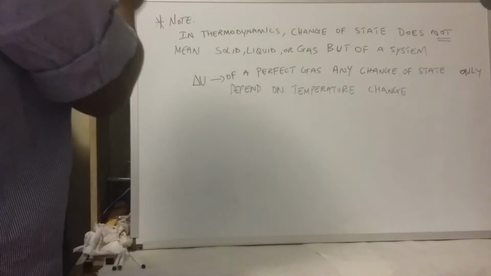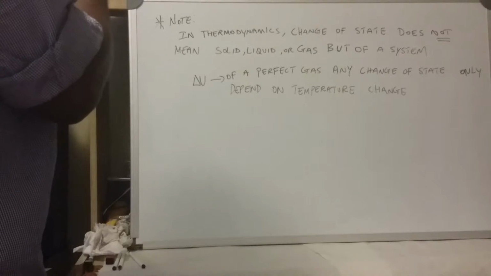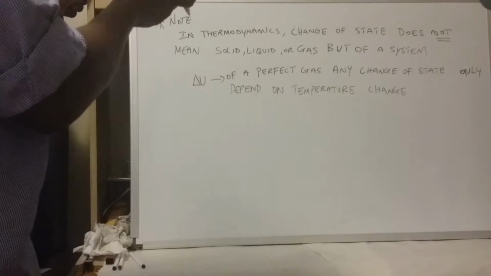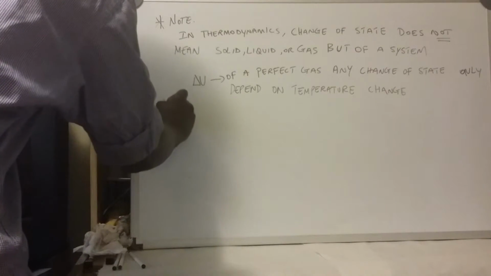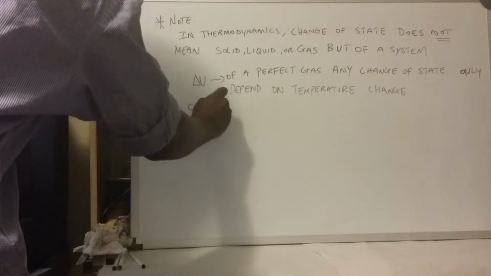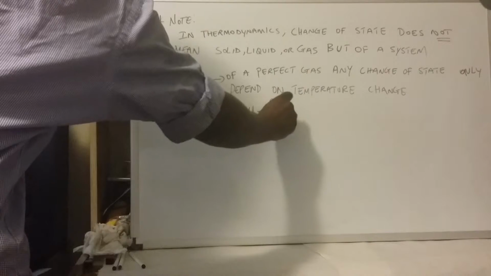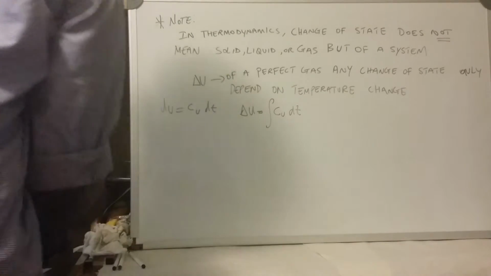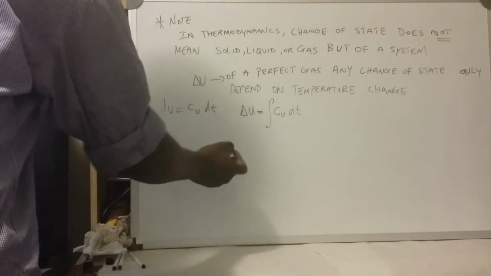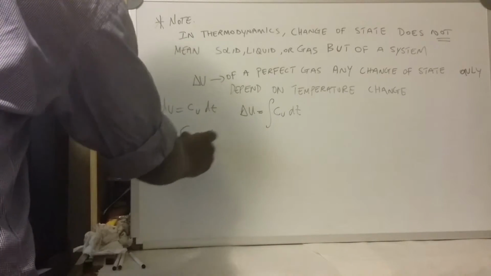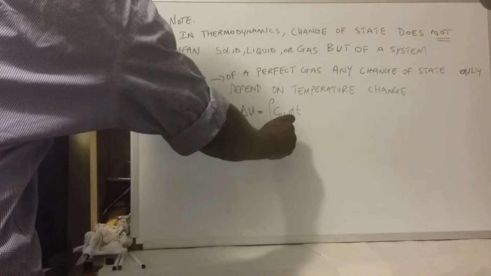So in thermodynamics, change of state does not mean solid, liquid, or gas of a system. So for U of a perfect gas, any change of state only depends on temperature change. So we have dU equals CV dT. Now we can calculate Q, which is the heat, from Cp, because Cp depends on temperature change.